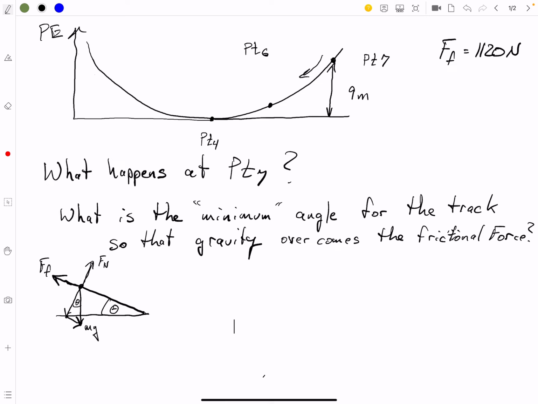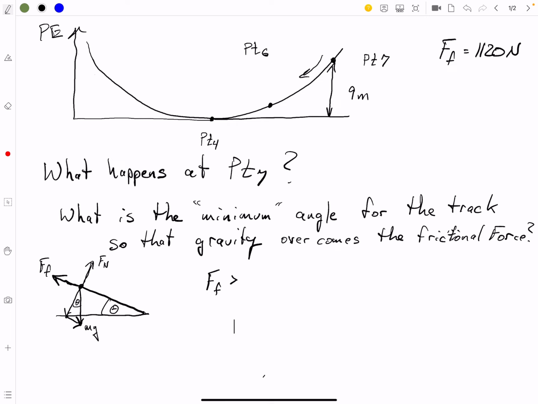So we need the force of gravity to overcome the frictional force. Well, the frictional force, whatever it is, then has to be greater. Is that right? Let me think about this.